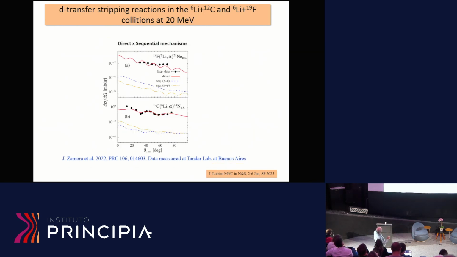And if we compare the direct transfer with the two sequential variants, neutron-proton and proton-neutron, for the two reactions, fluorine and carbon, we see that in both cases the correlated proton-neutron transfer has a much larger cross section than the sequential one.